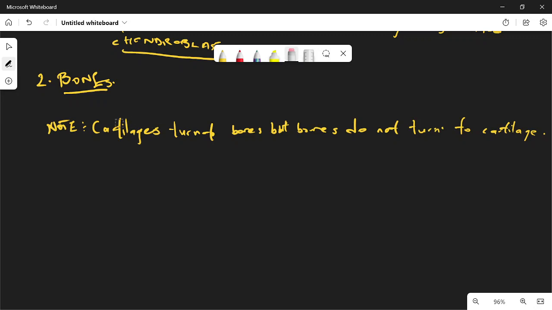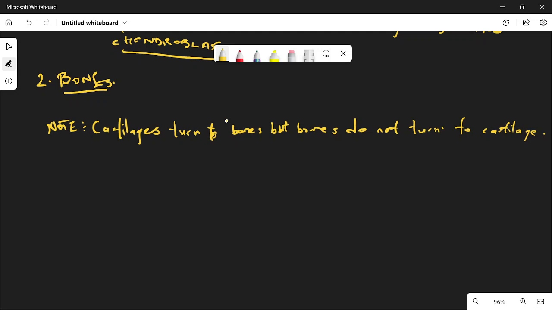What does that mean? Cartilages turn to bones, but bones do not turn to cartilage.